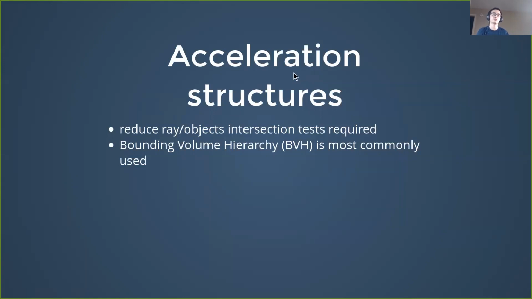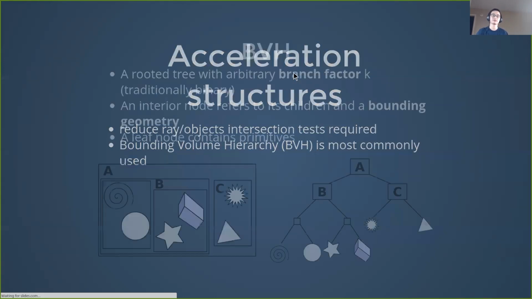And this changes the problem from O of n objects to O of log n, where n is the number of objects. And bounding volume hierarchy is the most commonly used acceleration data structure nowadays. The other one commonly used is the KD tree, but BVH is more prevalent. And this paper is exclusively about BVH.